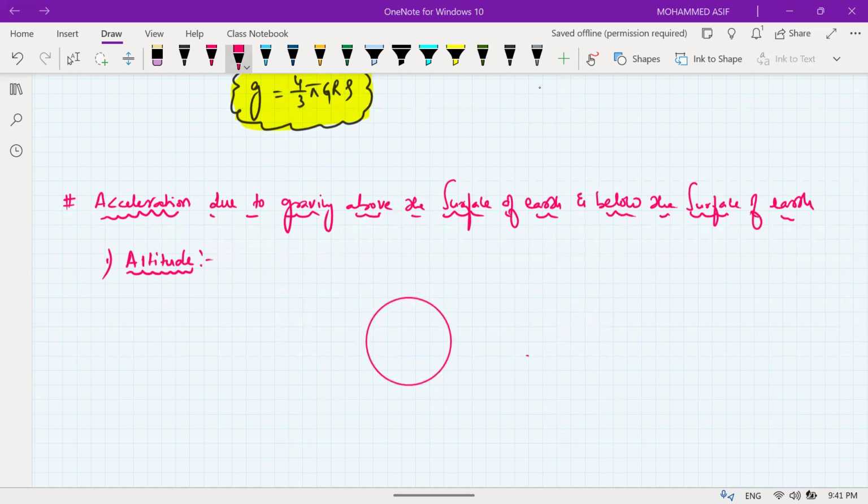Now this is the radius, that is nothing but equal to R, the radius of the earth. This is the center, and the mass of the earth is capital M. Somewhere here there is a particle which is at a distance of, say, h from the surface of the earth.